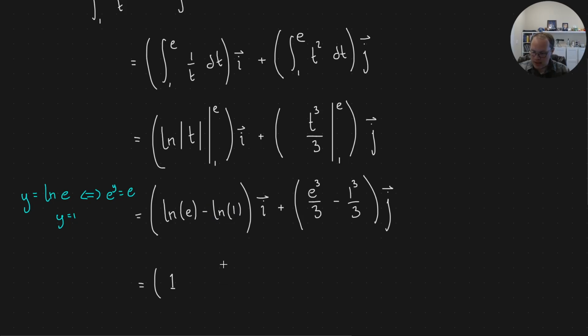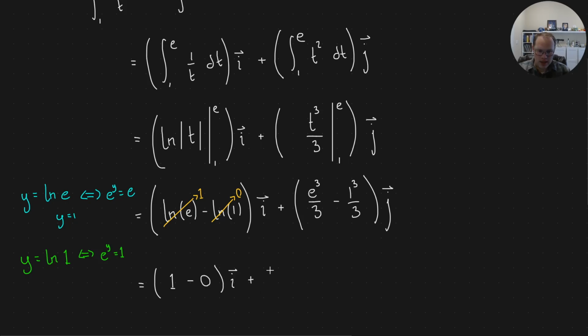We do the same thing with natural log of 1. Y equals natural log of 1. This natural log is base e, so that means e to the y equals 1. So e to what power equals 1? Well, e to the 0 equals 1. So natural log of 1 is 0, and natural log of e is 1.